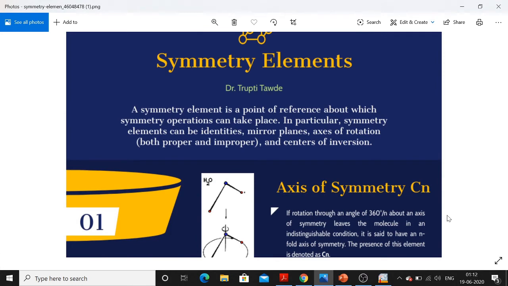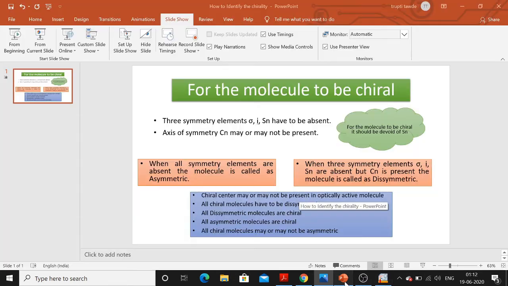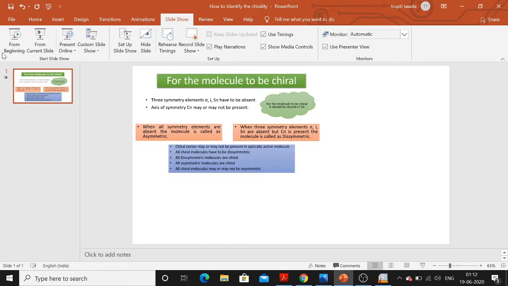So at the end, with the help of symmetry elements, how do we identify whether the molecule is optically active or not? For the molecule to be optically active or chiral in nature, 3 symmetry elements, that is plane of symmetry, center of symmetry, and alternate axis of symmetry, have to be absent.